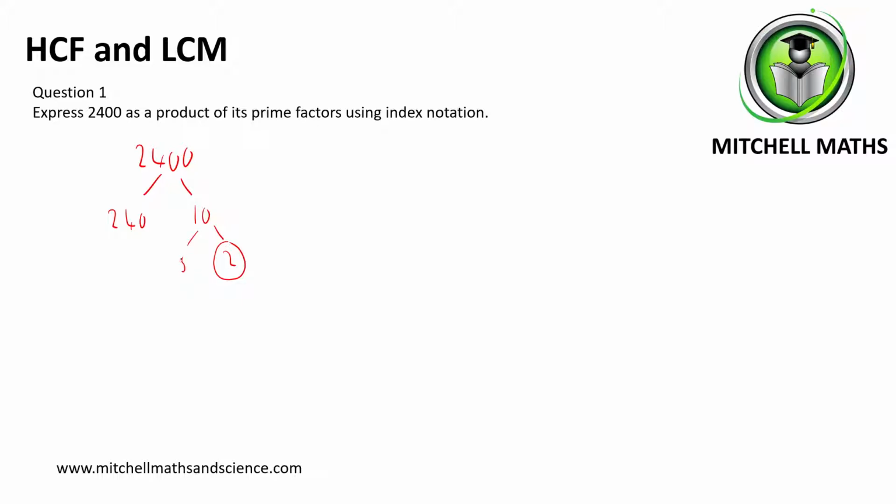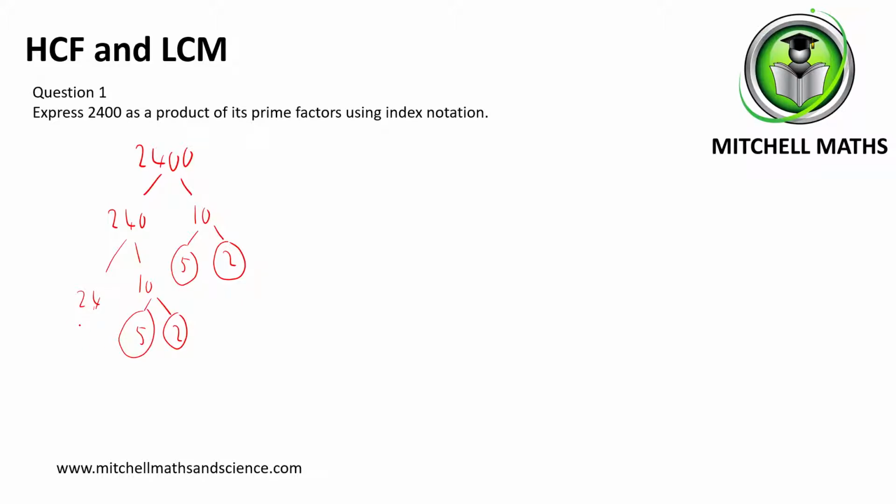And 5, which is also a prime number, so I'll circle that. I've got another 0 on the end, so I can break it down by 10 again, and 24. The reason I like to break it down by 10 is it breaks the number down quite quickly. It makes the numbers easy to deal with. And now I've got 2 and 5 again, so I'll circle them.